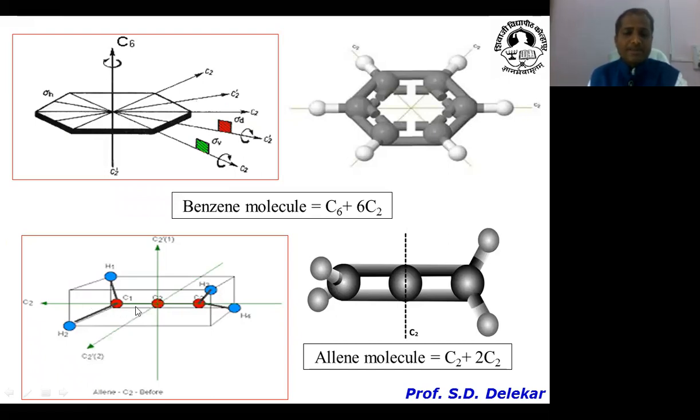So the axis passing through the three carbon atoms is the principal axis, and the axes along the x-axis and y-axis are the secondary axes. Because of that, the overall axis of symmetry of the allene molecule is C2 plus 2C2. So this set is called the D2 set.